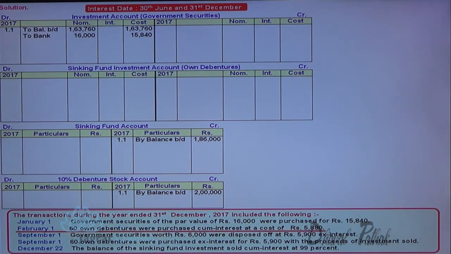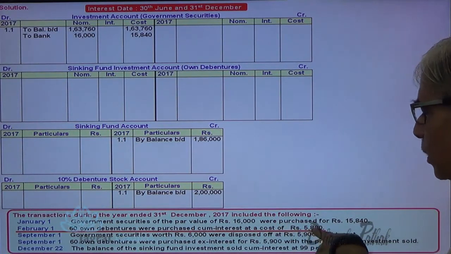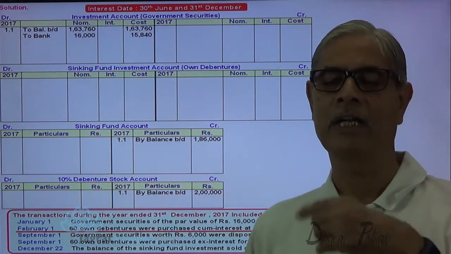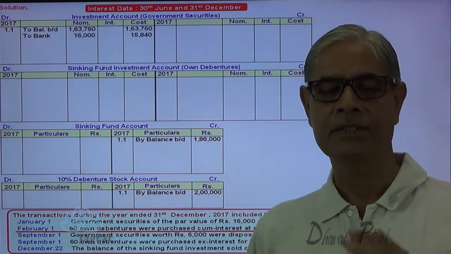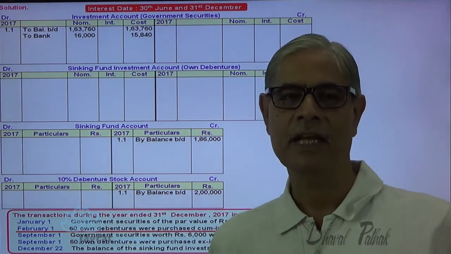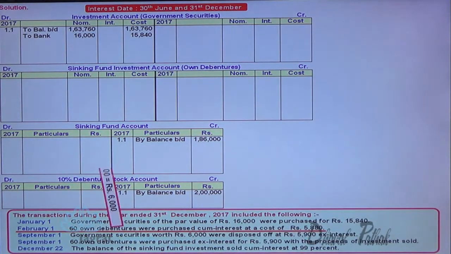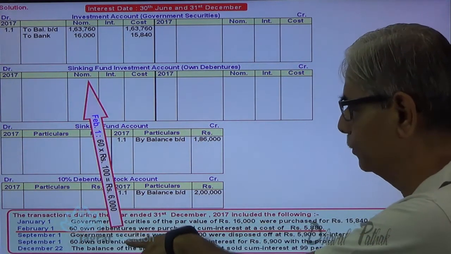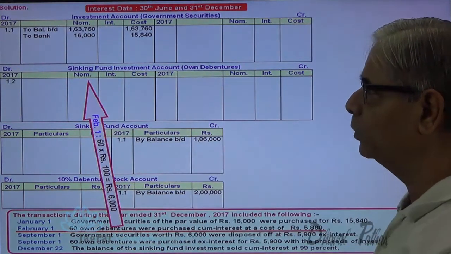1st of February, 60 own debentures purchased cum-interest at a cost of 5,880. When you purchase the security, you are required to pay interest from the last date of interest till the date of purchase. Here, on 1st February, the last date of interest was 31st of December, so 1 month interest is going to be considered. Own debentures 60 of 100, 6,000 is the nominal value.